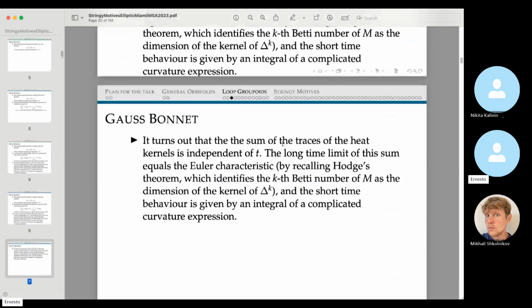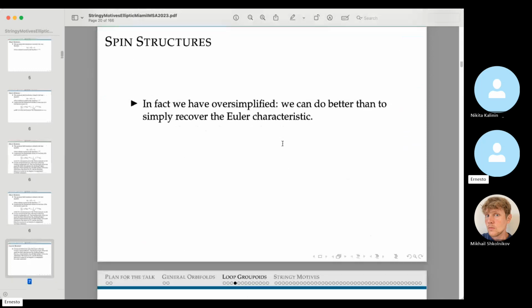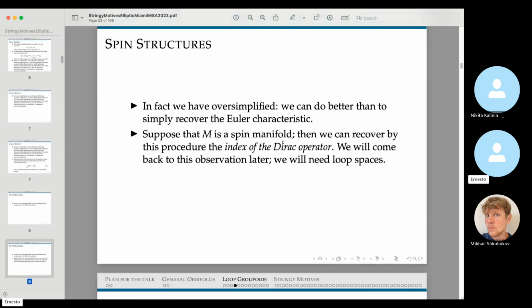So that's what we want to do. We can do much better than simply recover the Euler characteristic. That's what I want to say.